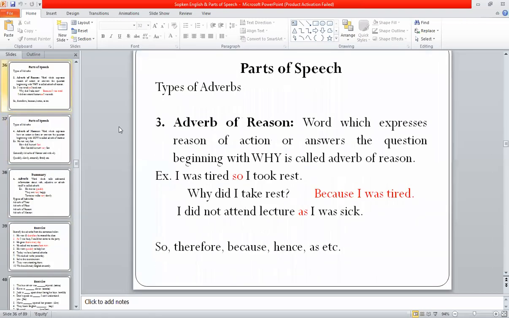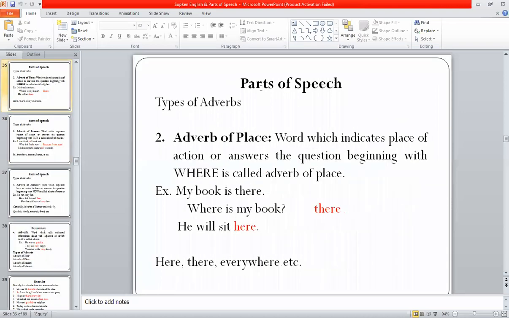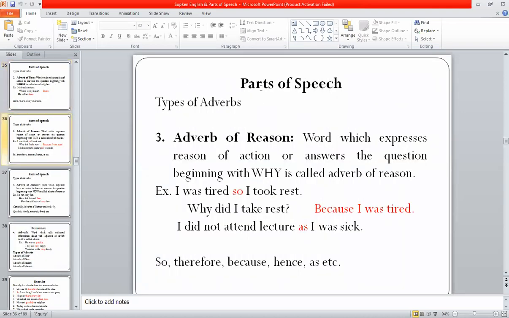There are 4 types of adverbs. Adverb of time, adverb of place, adverb of reason, and adverb of manner. So these 4 types we generally use in the English language.